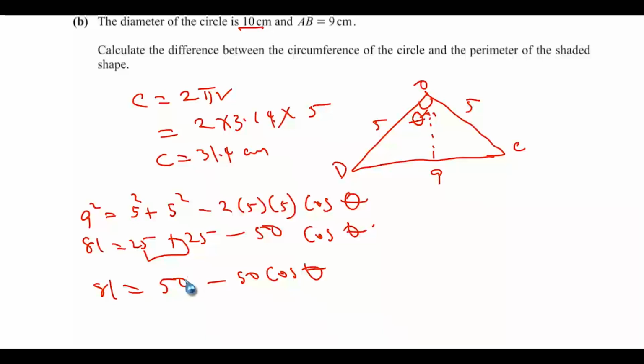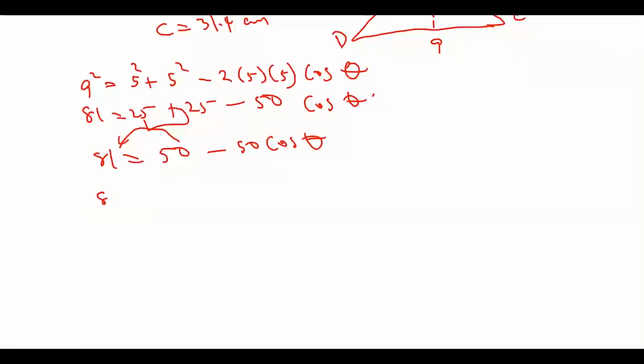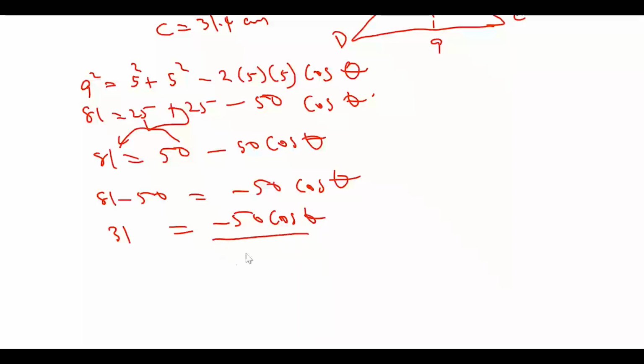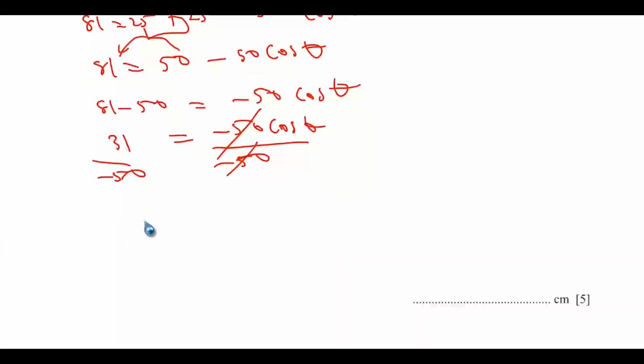Bring this one here: 81 minus 50 equals minus 50 cos theta. 81 minus 50 is 31, equal to minus 50 cos theta. Divide both sides by minus 50, and we have cos theta equals negative 31 over 50.